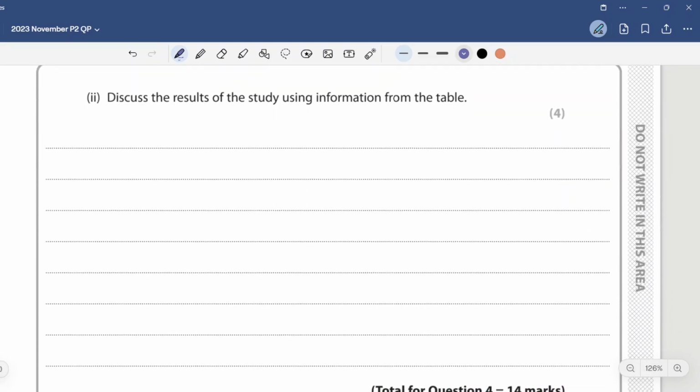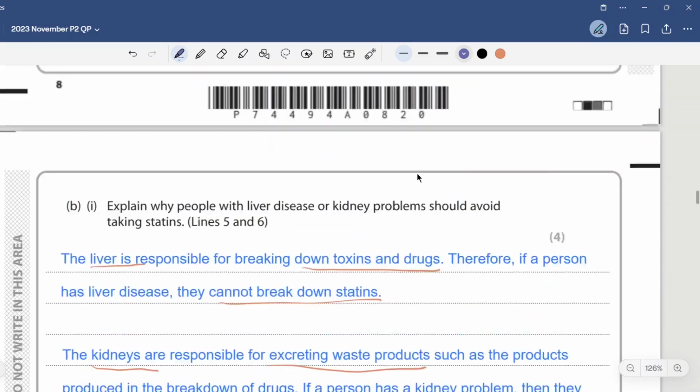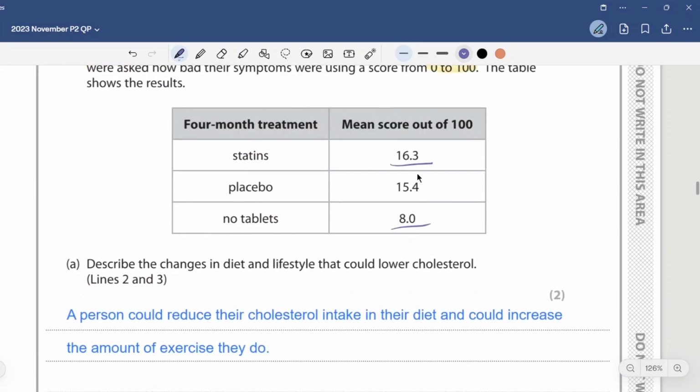Discuss the results of the study using information from the table. All right, let's scroll up to the table here. All right, so if we look at the statins and placebo compared to the tablet, we can see that the mean score is twice as much for both statins and placebos. It's around twice as much.